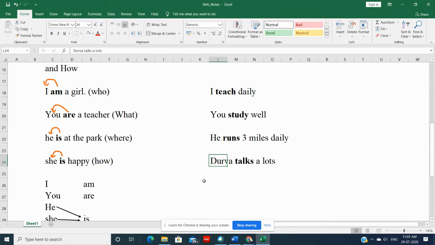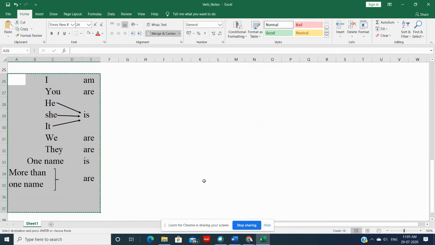Now, why so? Let's see that. See, guys, whenever we are using third person singular in the present tense, or in the present time, there has to be S or ES with the verb according to the spelling. All right. So we'll keep all of these the same.